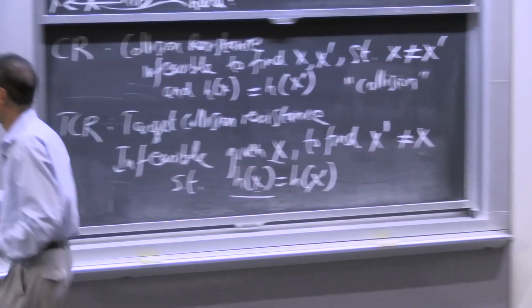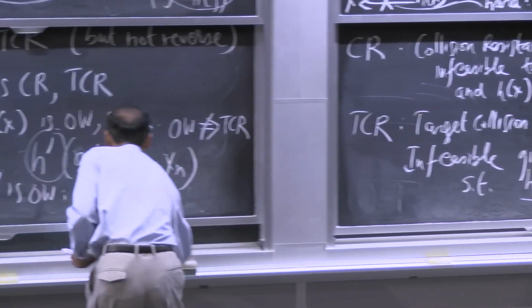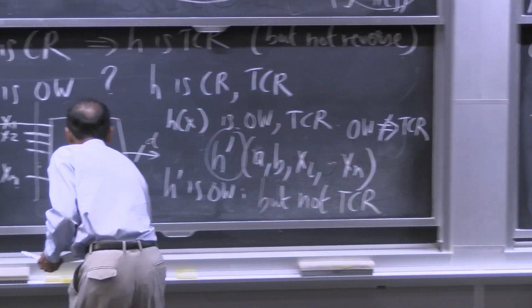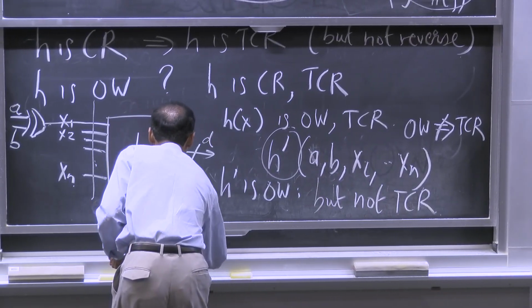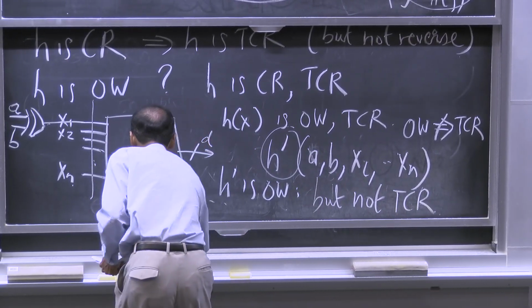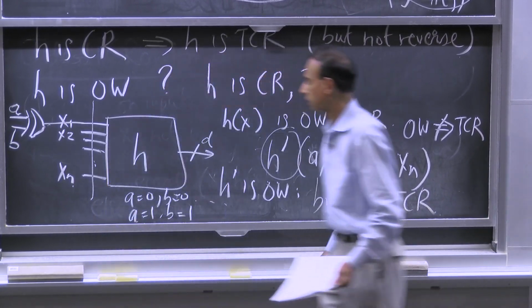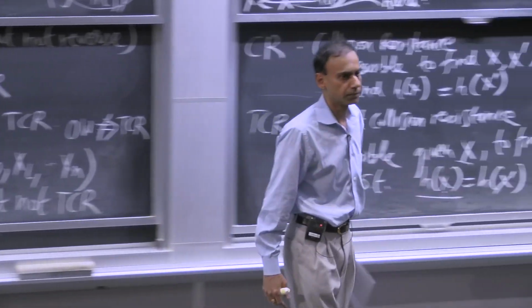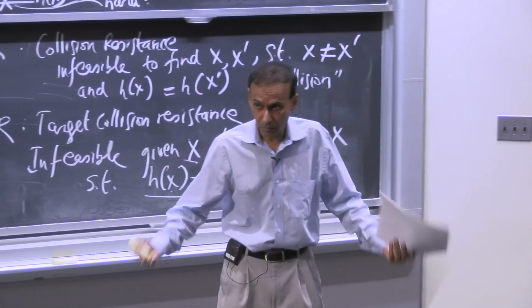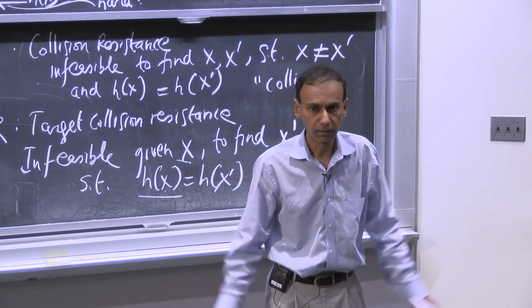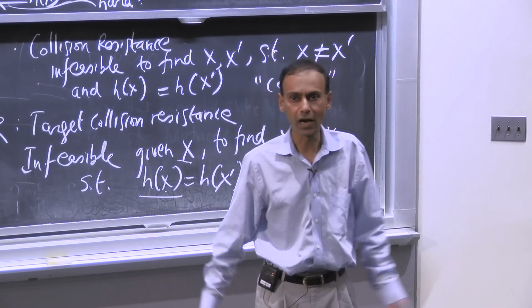So this is one way, but not TCR, simply because A equals 0, B equals 0 for arbitrary x's produce the same thing as A equals 1 and B equals 1. Right? So those are collisions. So admittedly contrived, but it's a counterexample. Counterexamples can be contrived. It's okay.